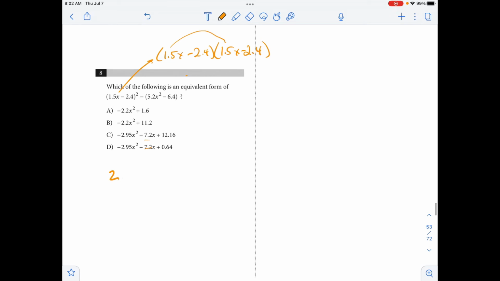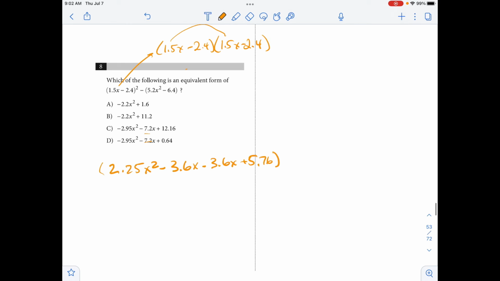When we do that, we get 2.25x squared minus 3.6x minus 3.6x plus 5.76. Okay, that's the first one.